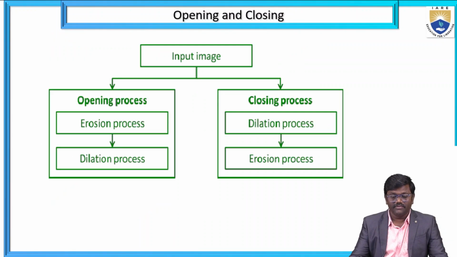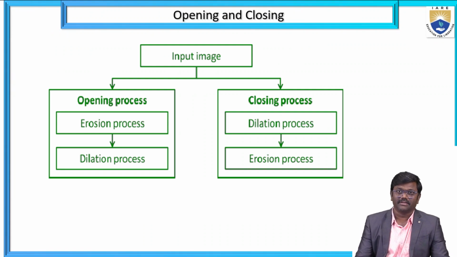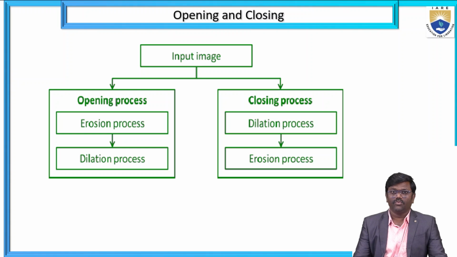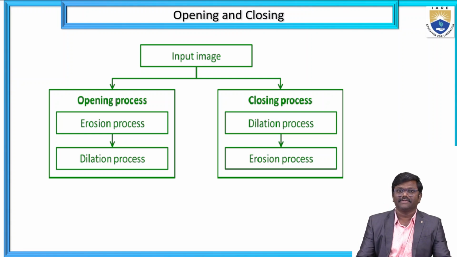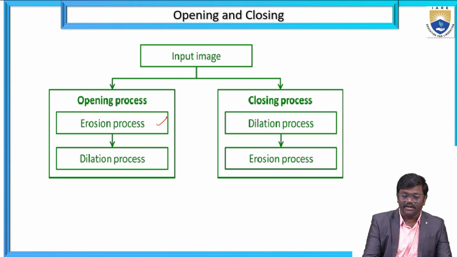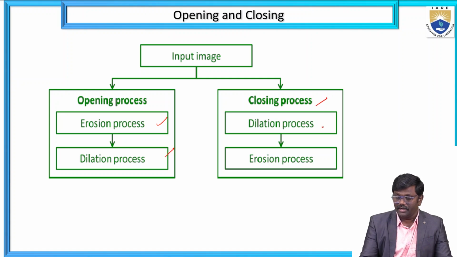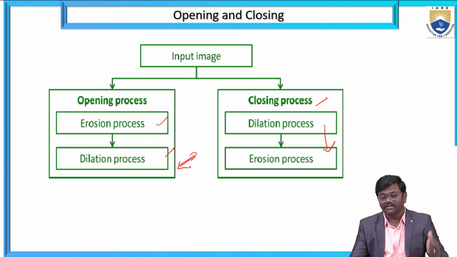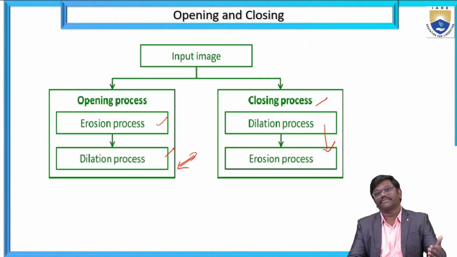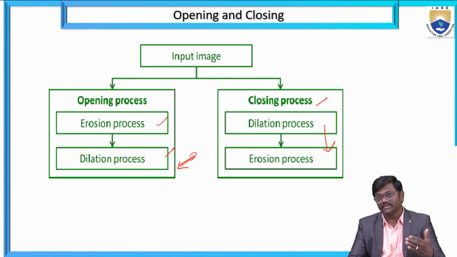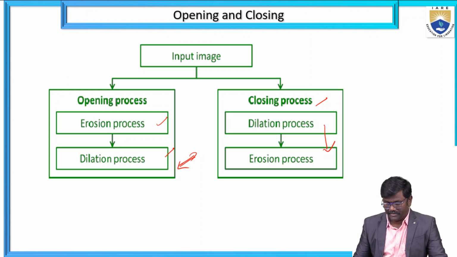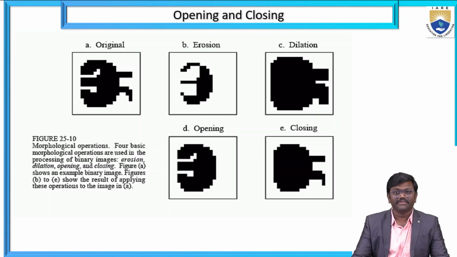Okay, so let you see that opening and closing are divided into two parts under the morphological operations. In the opening process, after erosion, dilation will happen, whereas in the closing operation it is reversed: after the dilation process we concentrate on the erosion process. Let me take some examples for understanding opening and closing.